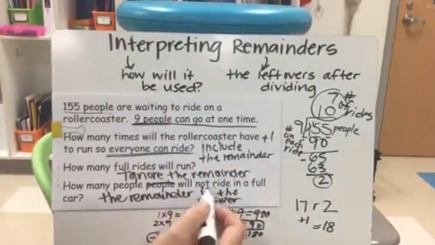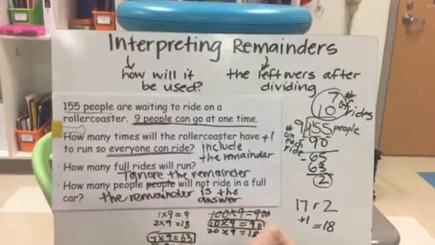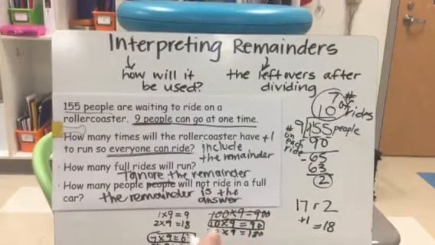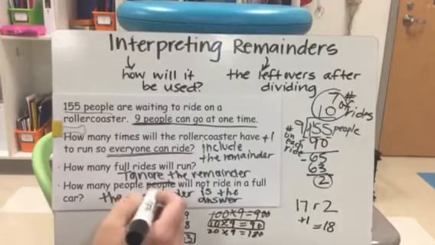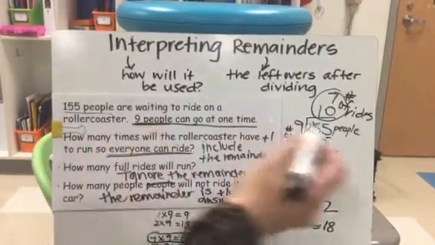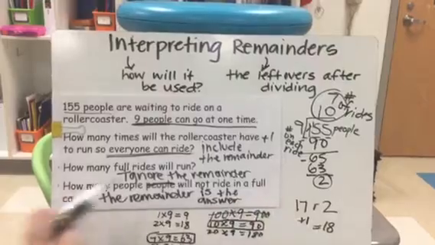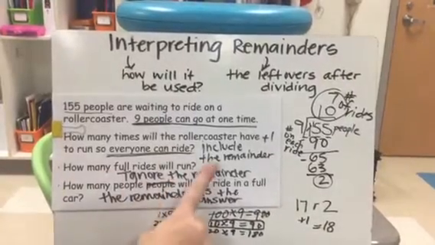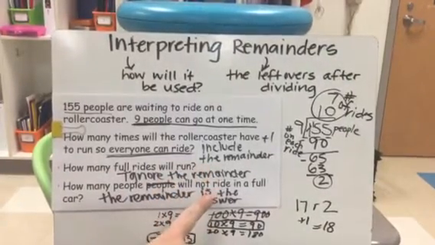Okay? Because it was kind of the not full, the leftovers. A lot of times you'll hear that. The rest, the leftovers, and are the ones that are not kind of following the rule of the way we were dividing. Okay? So these are the 3 ways that we are going to see interpreting the remainder.